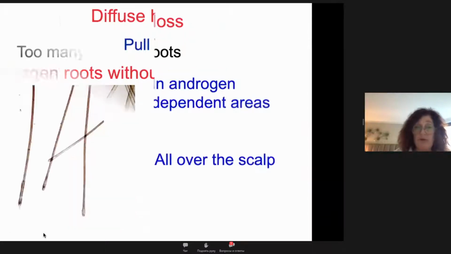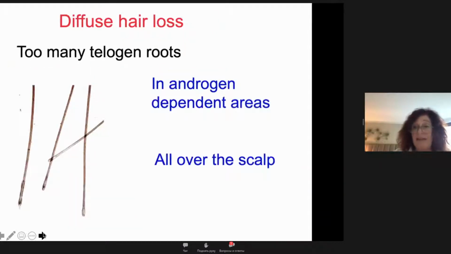All these conditions present as diffuse hair loss. So in androgenetic alopecia, you see excessive telogen roots or a positive pull test in the androgen-dependent scalp, okay? Because androgenetic alopecia causes a shortening of the hair cycle, so the pull test is usually positive in the androgen-dependent scalp.